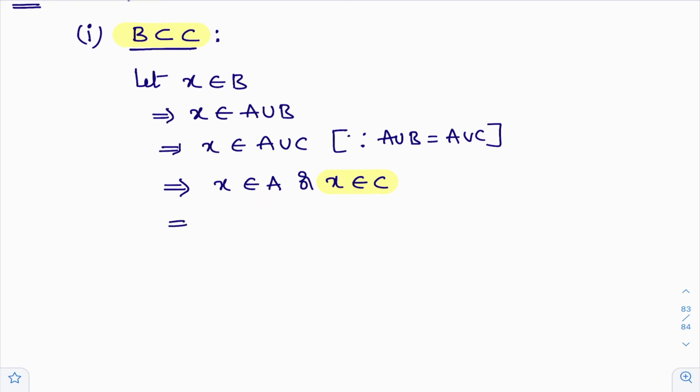Suppose when X is in A, when X belongs to set A, what happens?